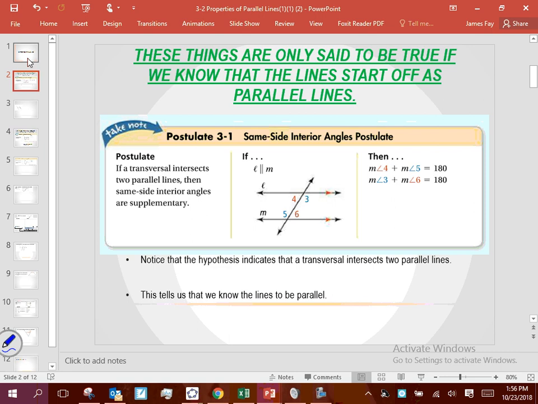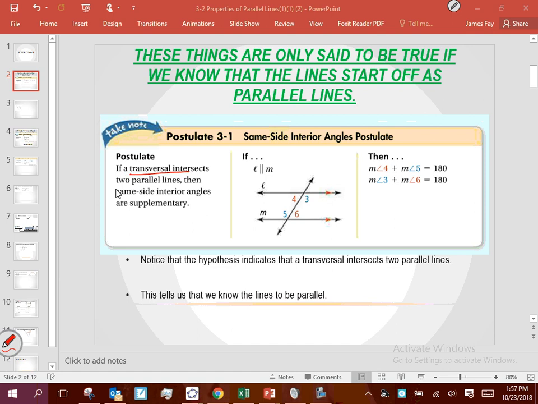So that's a key phrase. And I ask that a lot, not just about same side interior. I'll ask the same question about corresponding, alternate interior, and alternate exterior, and it relates back to how we read our theorems and postulates. They're if-then statements. So I can only come to the conclusion of supplementary when I know that the if statement is in front of me and it's true.